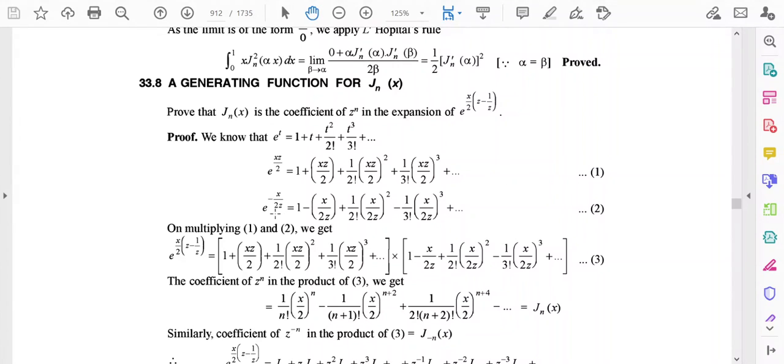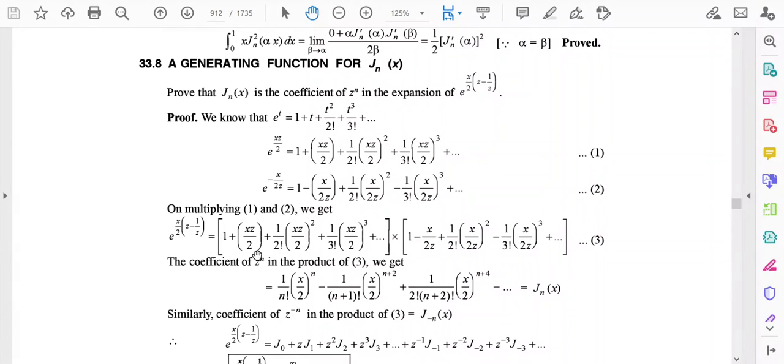Similarly, for the expansion of e to the power minus x by 2z, we will put minus x by 2z in place of t. Then we will obtain equation number 2. Now, to get the series for e to the power x by 2 into z minus 1 by z, we will multiply equation number 1 with equation number 2.